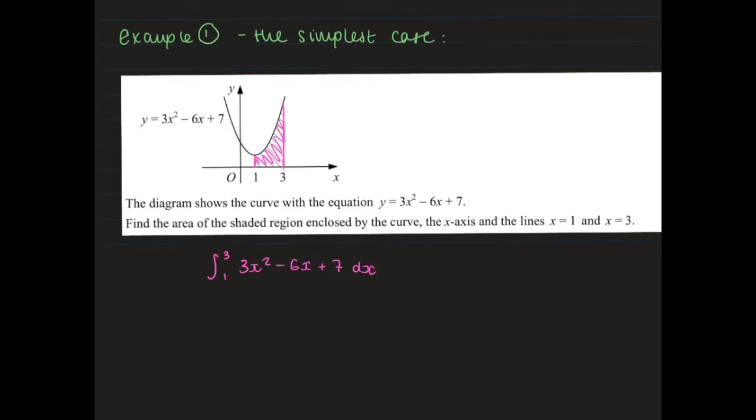Now, you know that we can do this by our calculator, so I can write by calculator and do it that way. Or we could do it by hand, which is what I'm actually going to do because that's probably good practice anyway. So what I'm going to do is work out the indefinite integral first by doing increase the power by 1 divided by the new power. But I don't need my constant of integration because I'm doing definite integration, and then simplify.